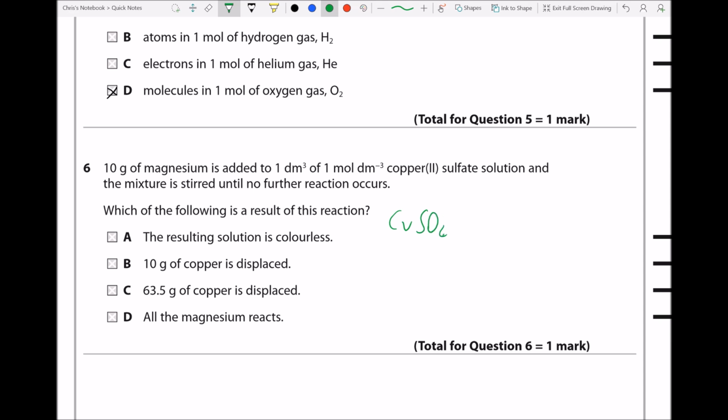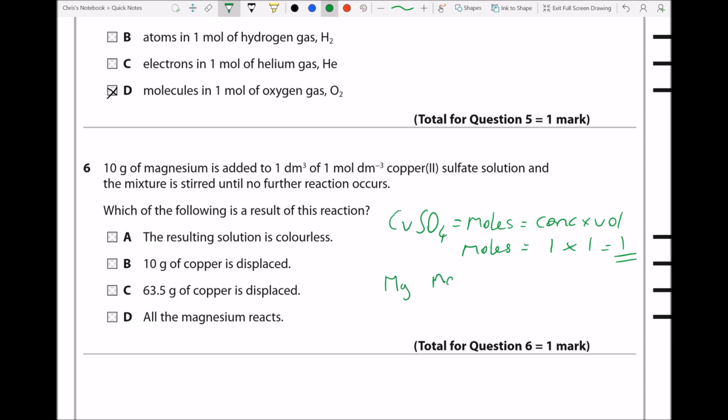Remember, moles is concentration times by the volume. So the number of moles in this case is going to be 1 times by 1, because we've got 1 dm cubed and 1 mole per dm cubed, which is going to give us 1. That's dead easy.